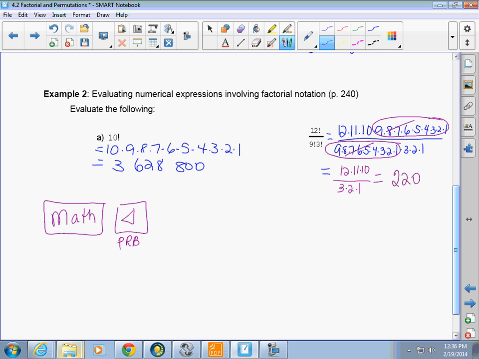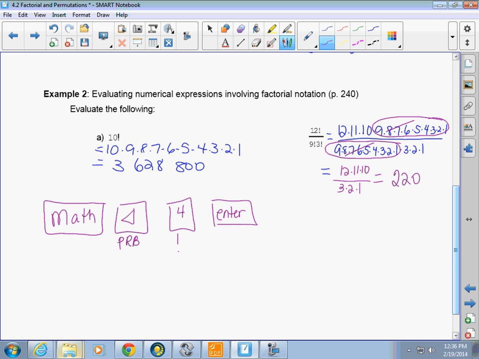From there, what we want to do is the factorial button. So that is number 4. So 4 gets you the factorial. And then if we were actually solving, we would just hit enter, and it would give us your answer.